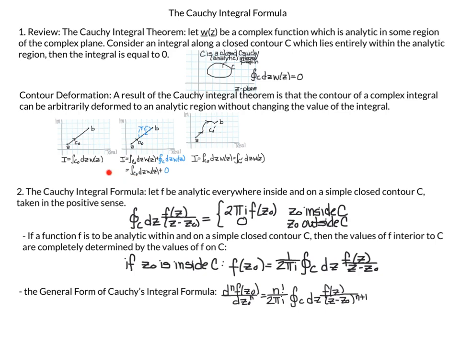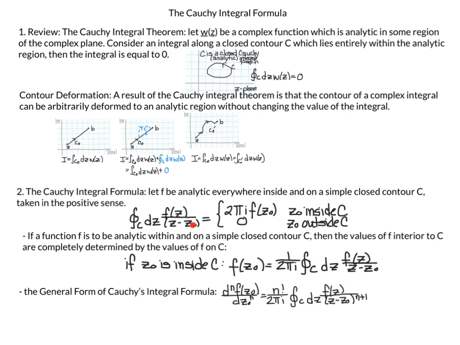The new thing we are going to look at is the Cauchy integral formula, and it involves the integral of f of z, where f of z is analytic everywhere inside and on a simple closed contour C, divided by z minus z naught. So f of z over z minus z naught is not analytic at z naught because then you have a division by 0.